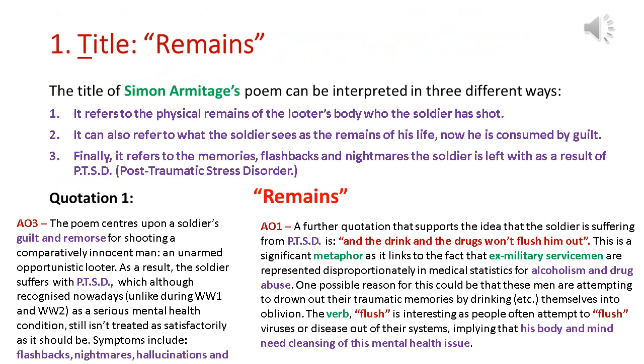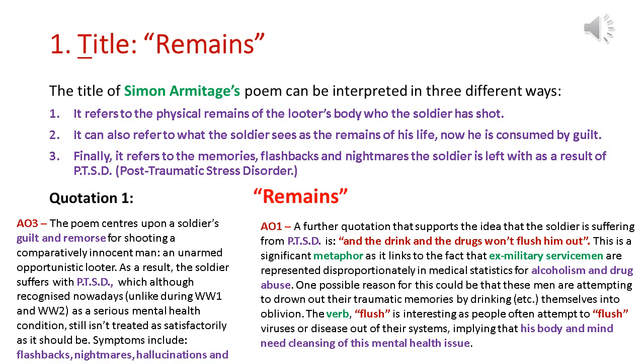So if we start by looking at the poem Remains by Simon Armitage, the title itself is really quite significant to analyse. So it can be interpreted in 3 different ways. Firstly, it refers to the physical remains of the looter's body, who the soldier has shot. Secondly, it can refer to what the soldier sees as the remains of his own life, having shot the looter and feeling that guilt.